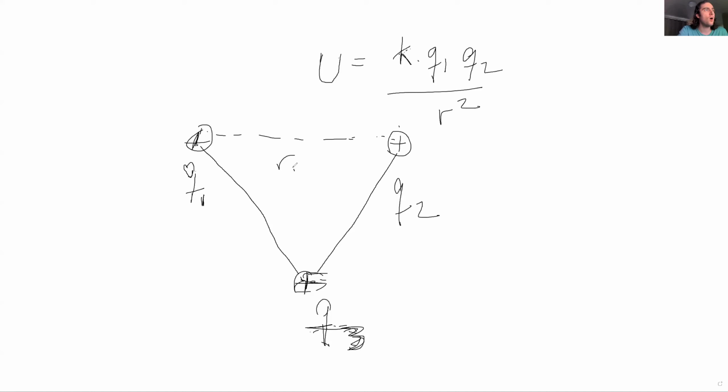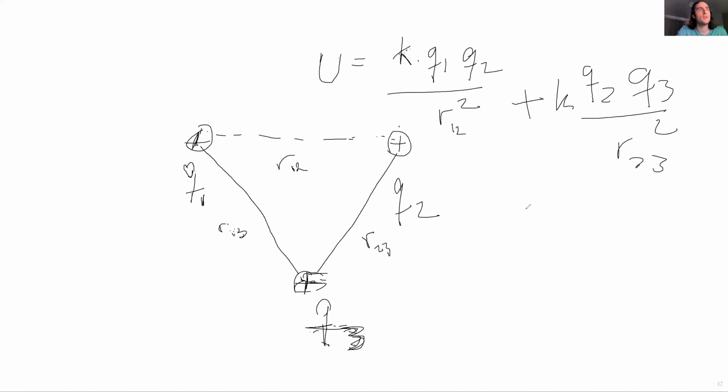So if this is R12, then this changes to R12 squared. Then we have R13, and we have R23 as well. So we add in a Q2 Q3 over R23 squared, with Coulomb's constant still there, and Coulomb's constant Q1 Q3 over R13.